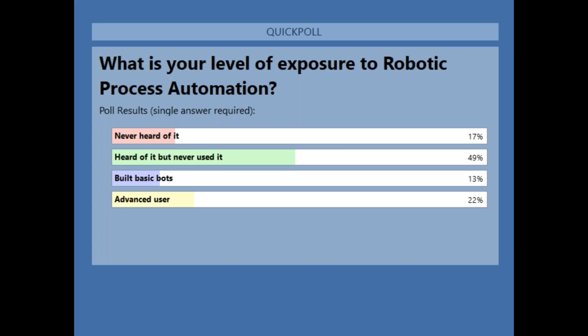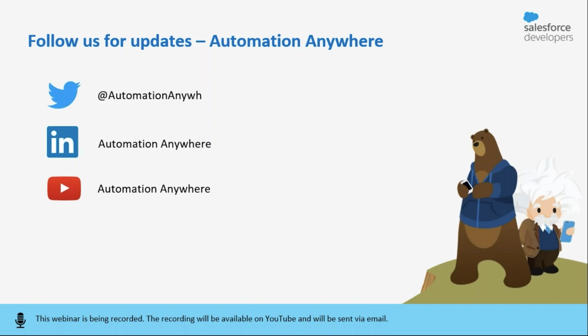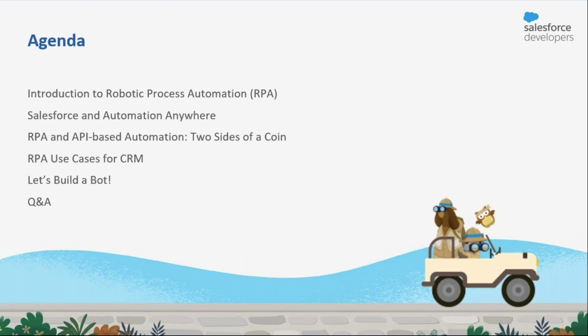Without any more ado, I'd like to hand it over to Arjun to walk us through the agenda of today's webinar. Okay, thanks, Satya. So here in the session, as we have a mix of people, we would first introduce what is robotic process automation and how it is going to be useful for Salesforce developers. Then we will talk about how Salesforce and Automation Anywhere are working together in this journey.